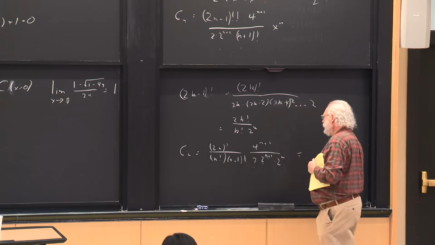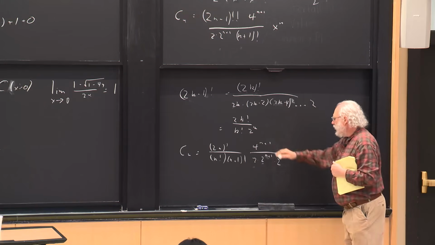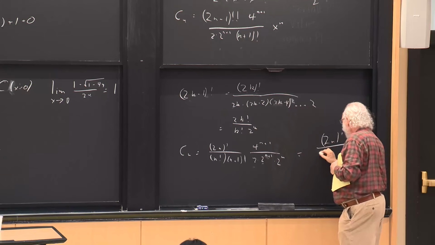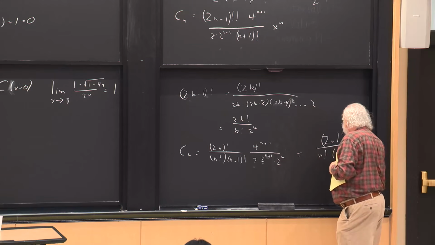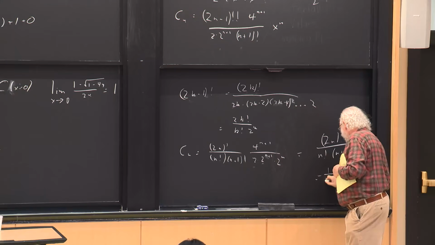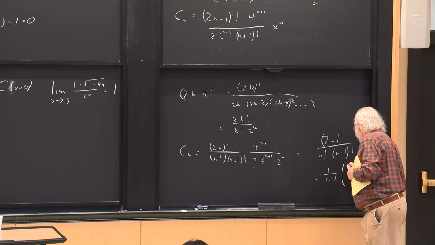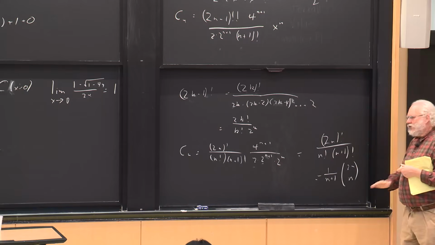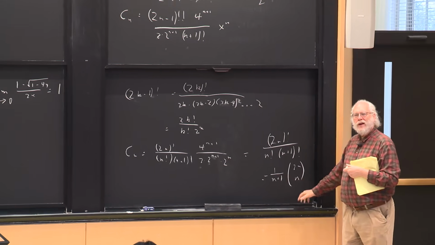Everything cancels out, all the factors of 2 cancel out, and we're left with 2n factorial over n factorial n plus 1 factorial, which is 1 over n plus 1 times 2n choose n, which you should recognize as the formula for Catalan numbers, yes?